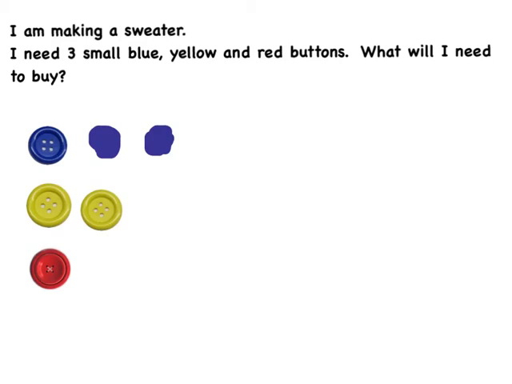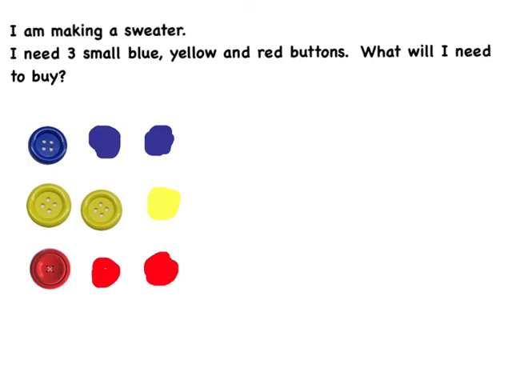If I already have 2 buttons, 1, 2, I will need to buy 1 more, because then I will have 1, 2, 3 buttons all together. And now look at red. I have 1 already. If I want 3 altogether, I will need to purchase 1, 2 more.